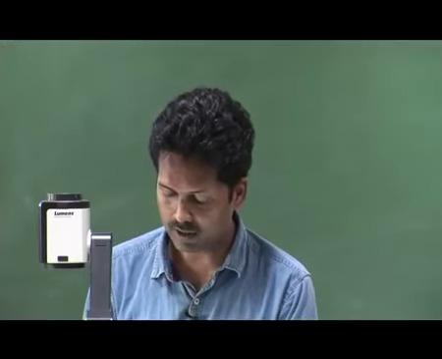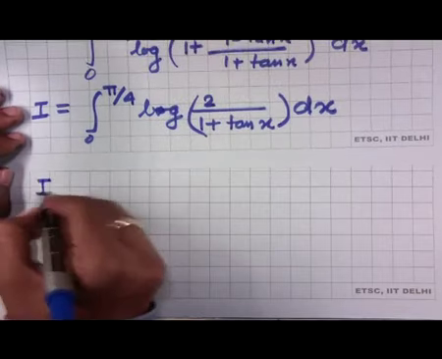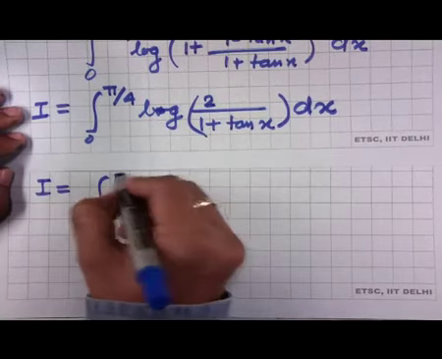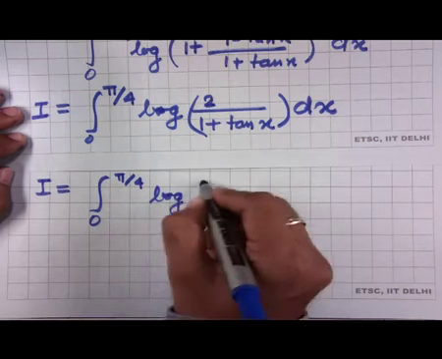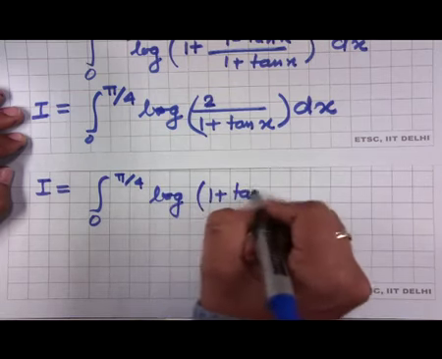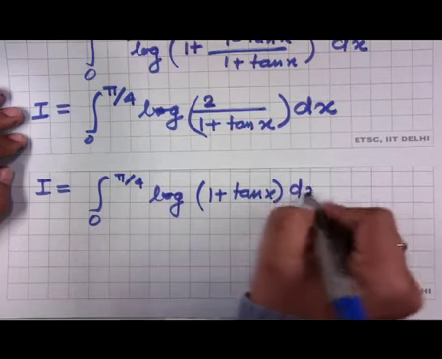So this is your I, and earlier I was 0 to pi by 4 log of 1 plus tan x dx.